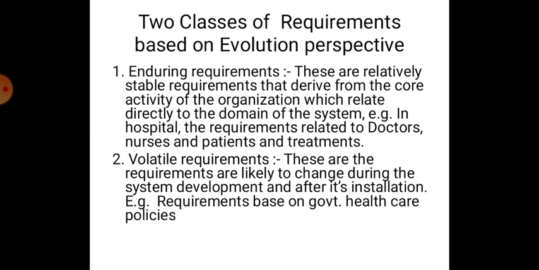For example, in a hospital, the requirements related to doctors, nurses, patients and treatment are stable. So enduring requirements do not change with time, and these requirements, students, relate to the domain of the activity.